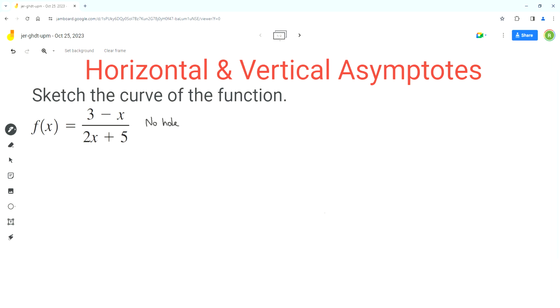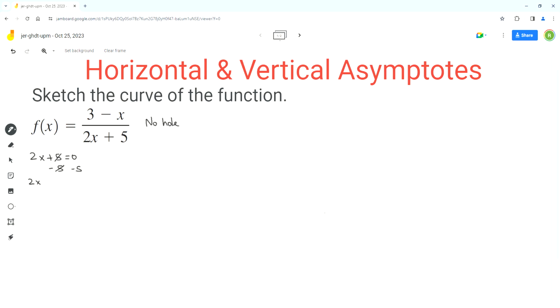Now for that we should set the denominator equal to 0 and solve for x. So we get 2x plus 5 equals 0, and now we should isolate x. So we should subtract 5 from both sides. So the 5's on the left side get cancelled out.